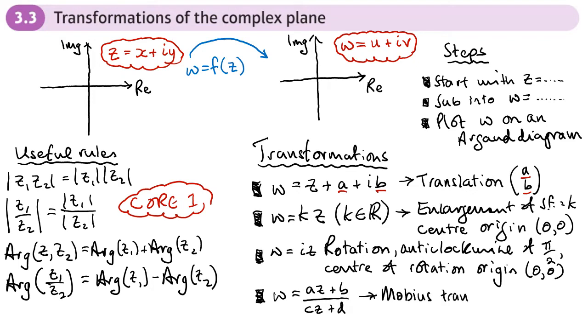This is where strange things start happening, where you transform circles and they become lines, things like that. Now here, the A, B, C and D, these can be complex numbers. So not like this one here where K is a real number. A, B, C and D here can be, or are in the set of complex numbers.